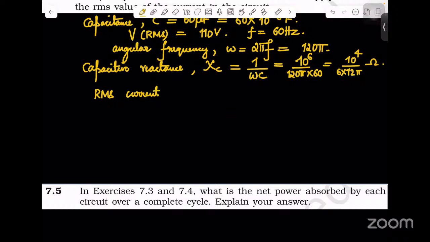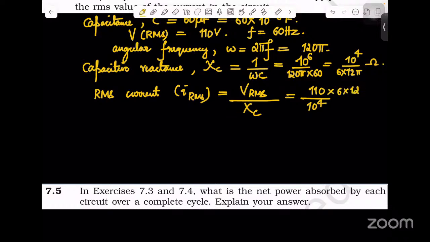The RMS current will be the RMS voltage upon the capacitive reactance, so it will be 110 volts upon the capacitive reactance, which is 10 raised to the power 4 upon 6 into 12 pi, in amperes.